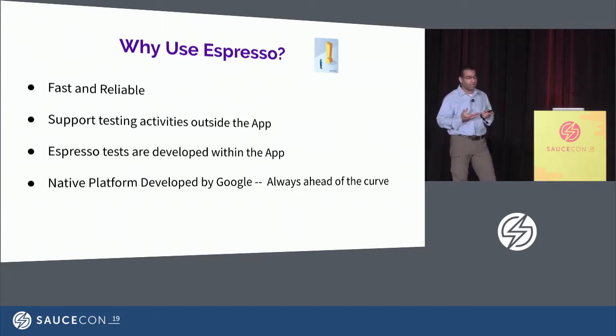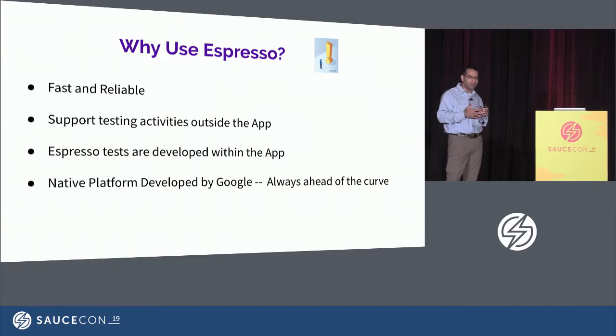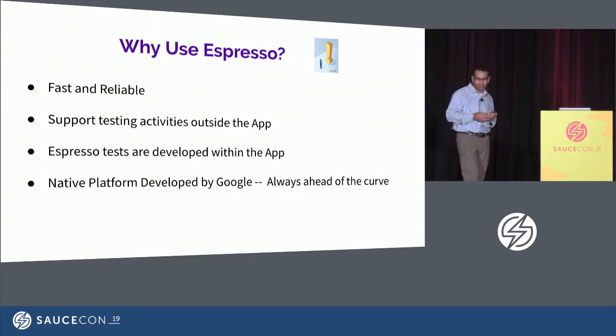And because Espresso tests are within the app, they have access to various layers in the app. So you can mock certain layers of the app, and you can do even lower-level tests. You can do white box testing, and also write a lot of black box testing. So there are different areas you can cover using Espresso tests.